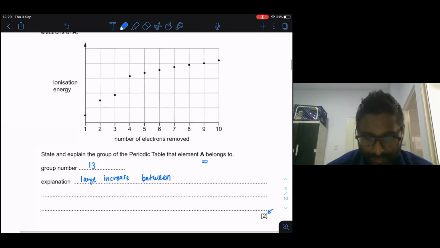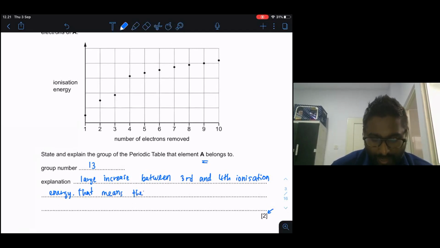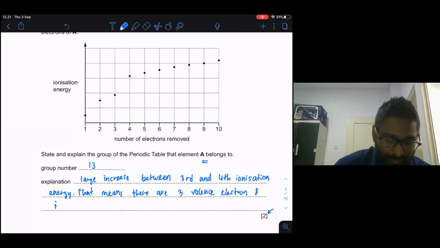Yes, you need to mention the large increase between the 3rd and 4th ionization energy. That means you can write down more: that means there are 3 valence electrons, and it belongs to Group 13.